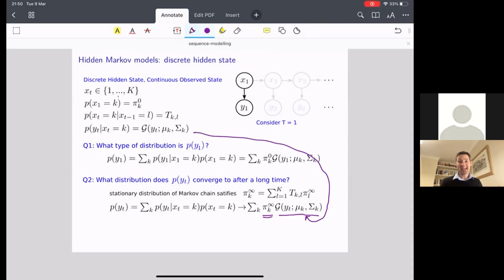So actually at any particular time point, we can view this as a mixture of Gaussians model. In the limit, when we look at the stationary distribution, but actually at any intermediate time point as well, you can view this as a mixture of Gaussians model marginally, where the mixing proportions depend on the dynamics of the first order Markov model, the bigram model, which is specifying the distribution over the x's.